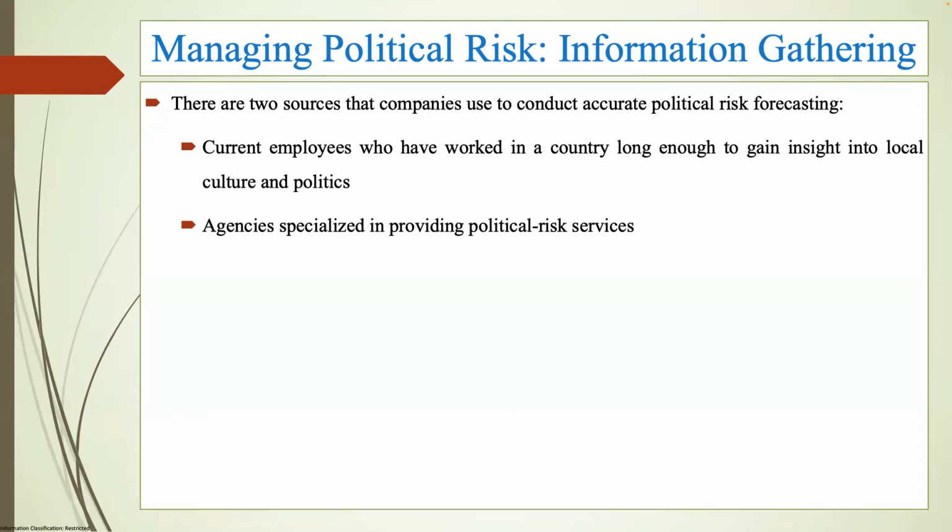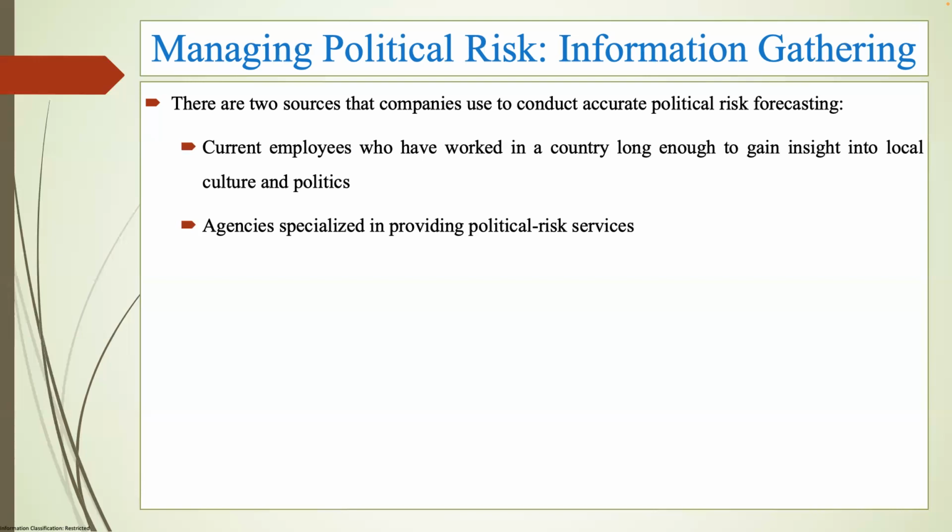So a good source of information is current employees who have worked in a country long enough to gain insight into local culture. This includes individuals who formerly had decision-making authority while on an international assignment and had contact with the local politicians and other officials.